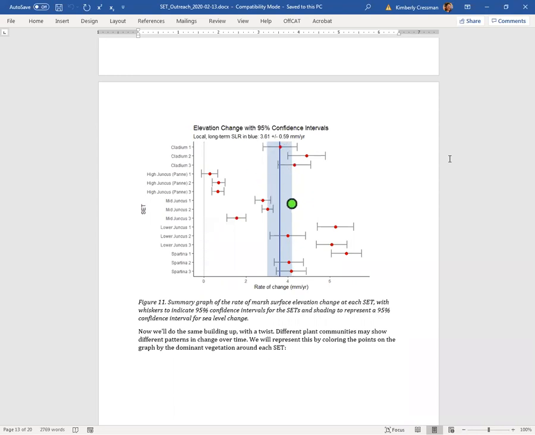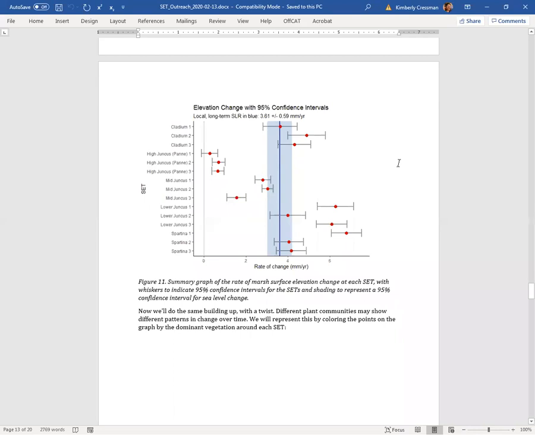So these are what we would say the confidence intervals are overlapping. So we could say the estimate at this one is higher than the estimate for sea level, but we're not super confident that that one is exceeding. So that's kind of the language that we're using to try to describe what you're going to see in the next few figures.